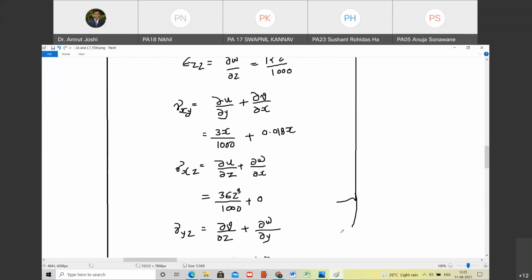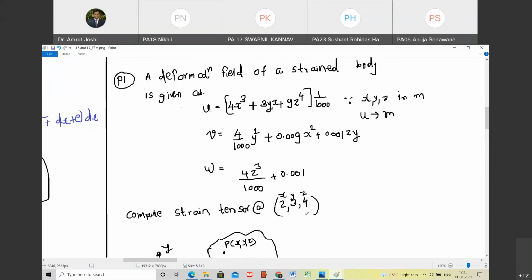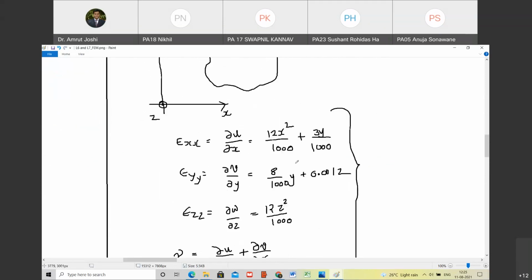Happy? Yes, sir. But you have to calculate the strain at a particular point, 2, 3, 4. So let us say P corresponds to 2, 3, 4. So tell me, what is the strain tensor at P?